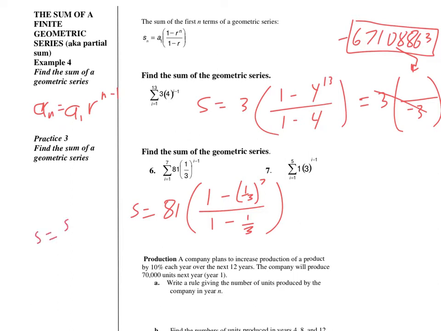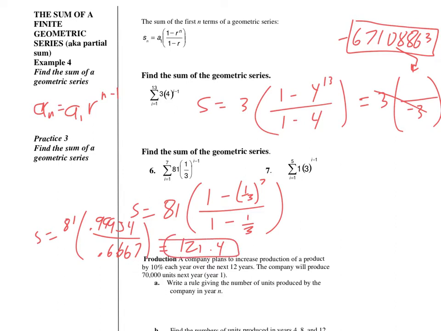Okay, so this is going to be 81 times 0.99954 over, let's see, 0.6667. And so that sum comes out to about 121.4, let's call it.